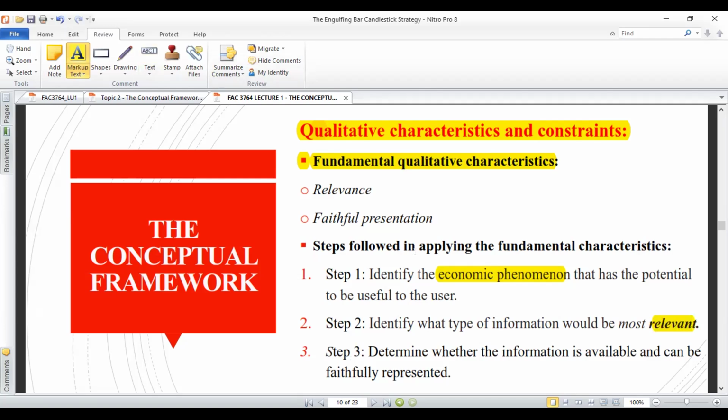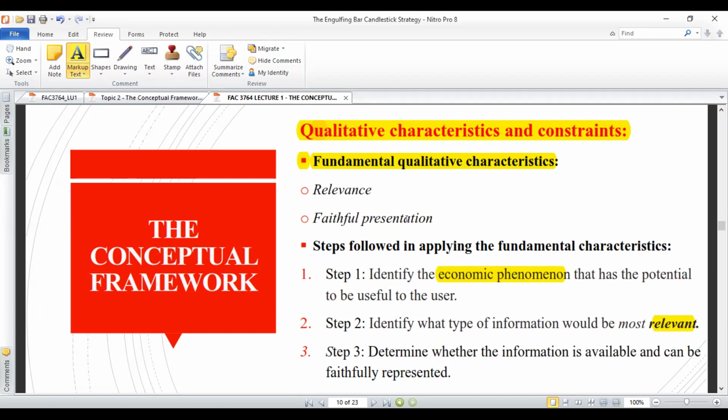Meaning to say, whenever something is reported in the financial statement, first of all, it has to be relevant. Like for instance, if I'm to put salaries and wages in the statement of profit or loss and other comprehensive income, there has to be employees existent in that organization that are being paid salaries and wages in order for us to achieve faithful presentation.